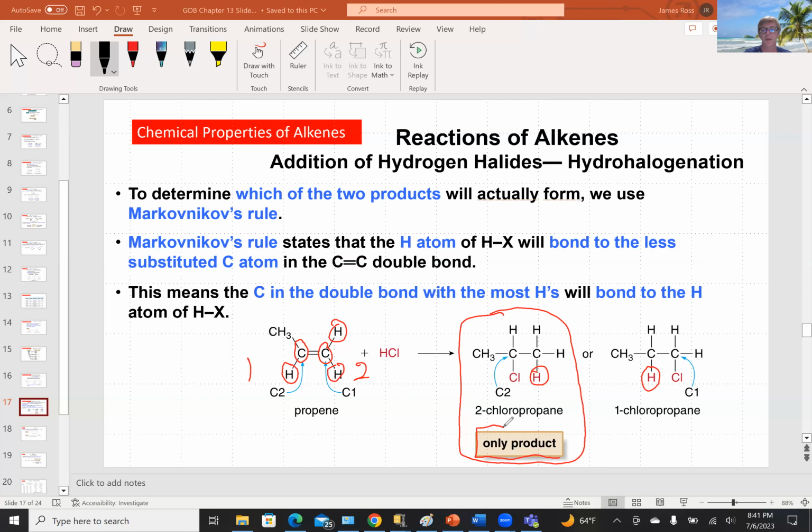And that's how you can tell the difference between the anti-Markovnikov product. So we would call this the anti-Markovnikov product, which is not formed on this occasion. There are fringe cases where it is, but we don't see them in this course. And our only product is the Markovnikov product.